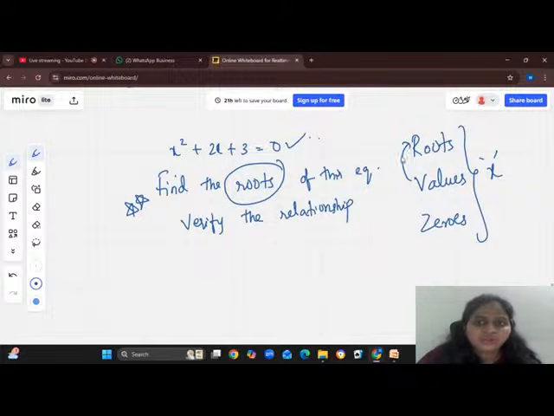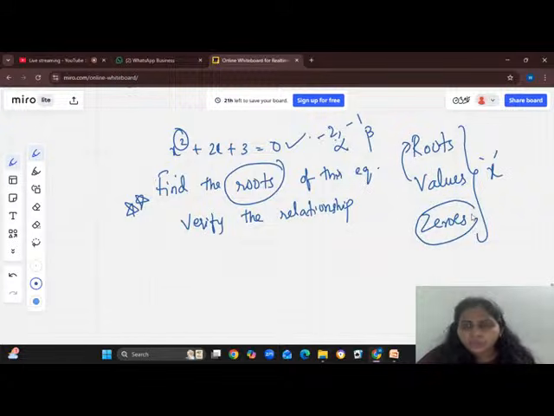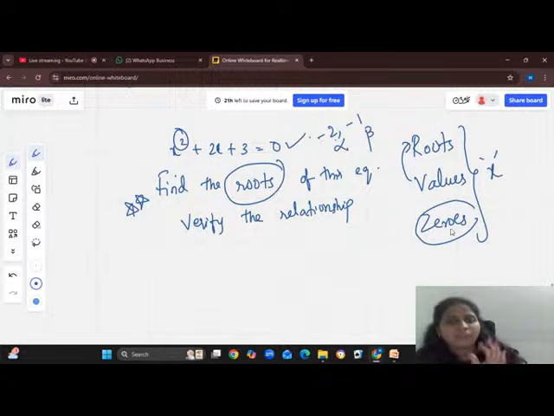Those are your roots. You will get two values of x. If for example, here my roots are -2 and -1. Now the roots are -2 and -1. Alpha will be -2, beta will be -1 if I take zeros. Okay, all these roots, values, zeros are nothing but the values of x only.